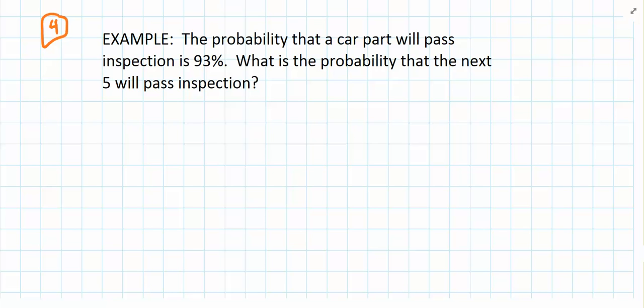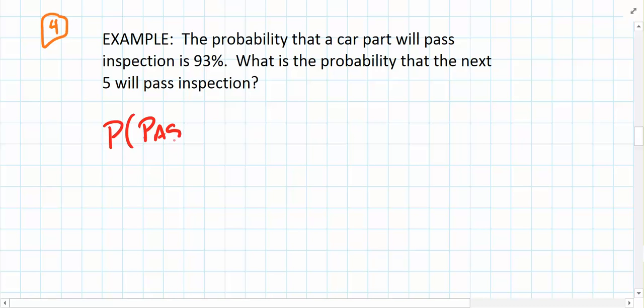I like to set this up as multiple events. The probability of getting a pass is 93%. If I write that as a fraction, it's 93 out of 100. That's one event. And what am I interested in?